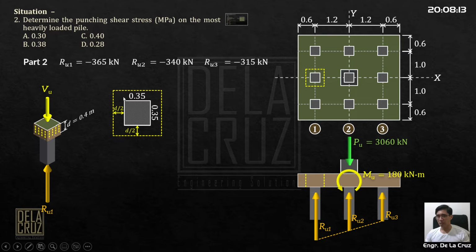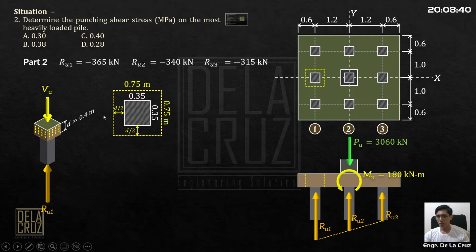That means the total distance here is 0.35 plus d over 2 plus d over 2 on the other side. 400 mm. So 0.35 plus 0.4. This will give us a total of 0.75 meters. The same dito, 0.75 meters.